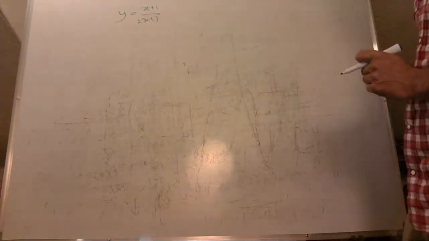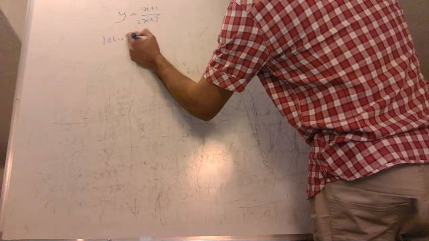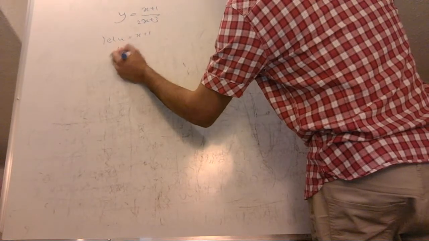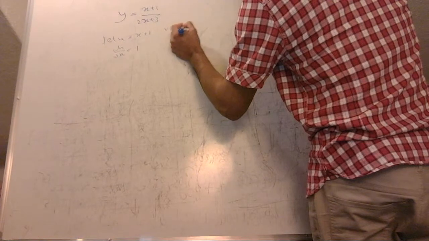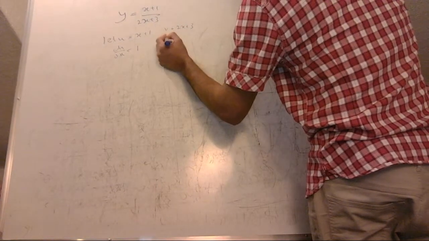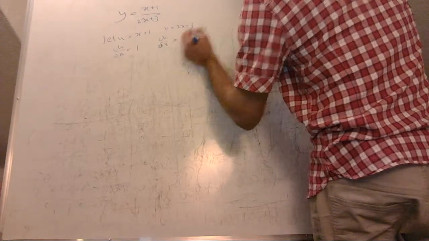Okay, so let u equal x plus 1, so du dx equals 1, and if v equals 2x plus 3, dv dx equals 2. It's very simple.